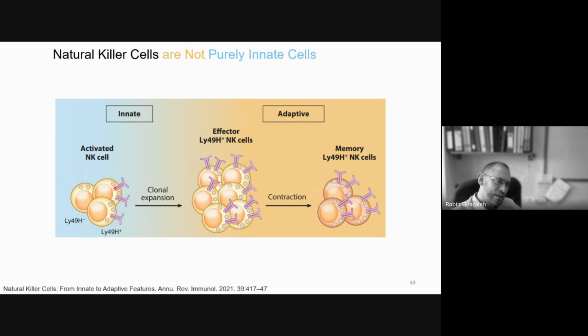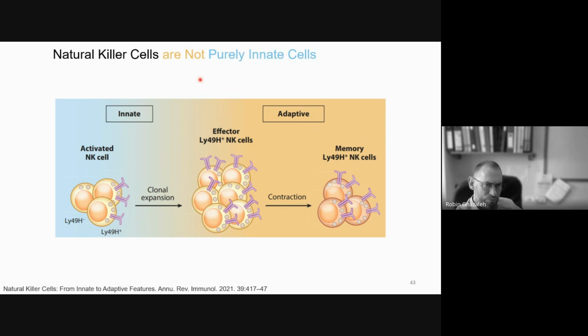If those get stimulated, they undergo clonal expansion to become effector natural killer cells. Not all of these cells will survive, but some of them will be laid down as memory cells. So once natural killer cell responses have been initiated, in the future we can have this secondary response where we can much more quickly have a strong reaction.